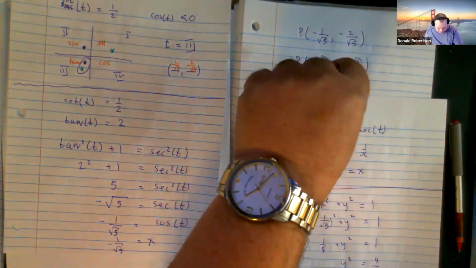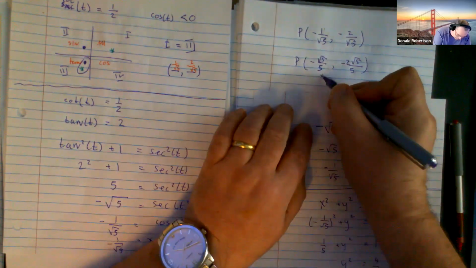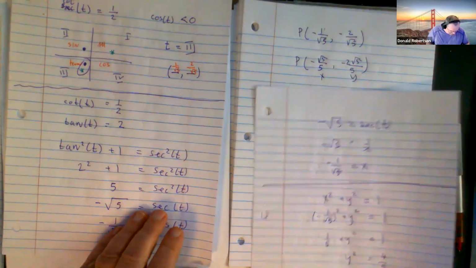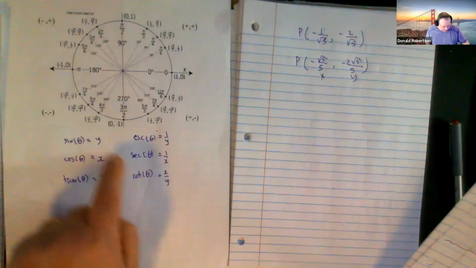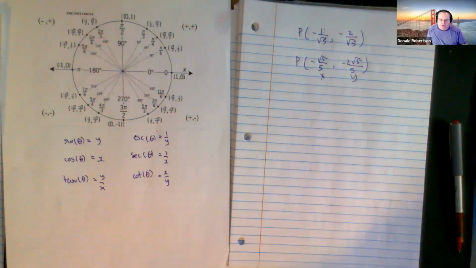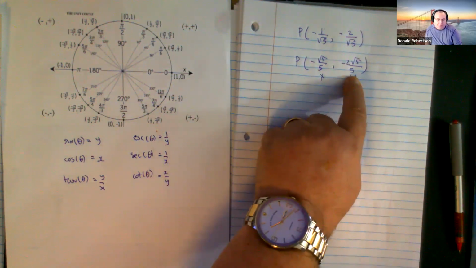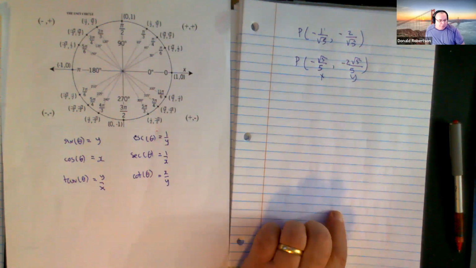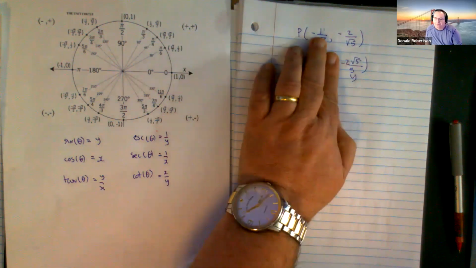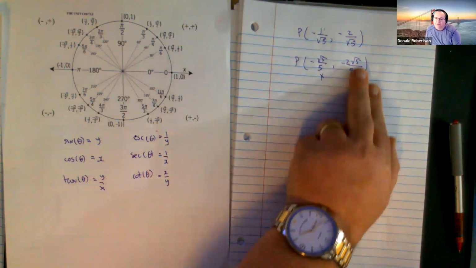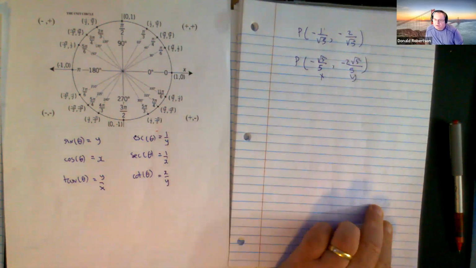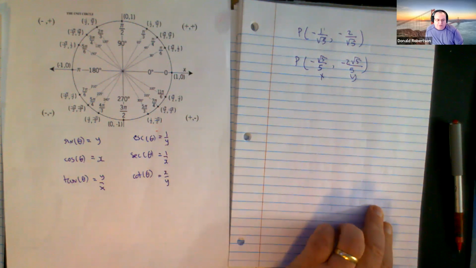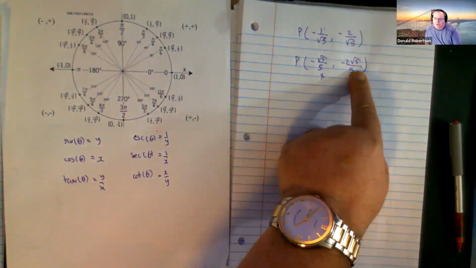And now we know the x, and now we know the y. We can find anybody we like. If you want to know the cotangent, yeah, that divided by that. You want to know the sine, it's just that guy. You want to know the cosine, just that guy. You want to know the cosecant, take the y coordinate and turn it upside down.